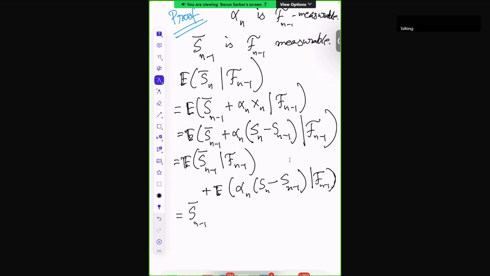Plus alpha n times the expectation of Sn minus Sn minus 1 given Fn minus 1.